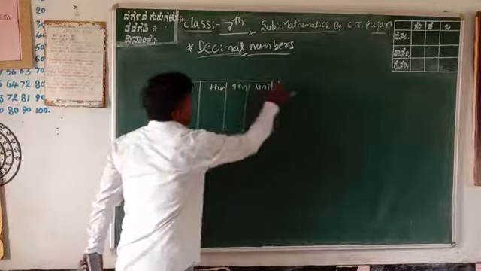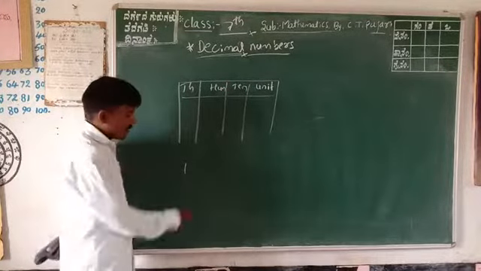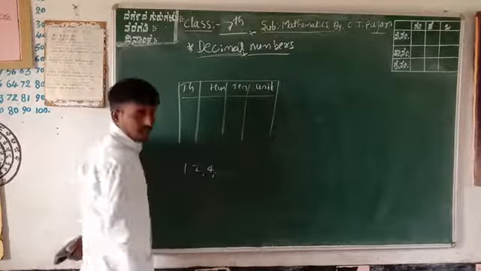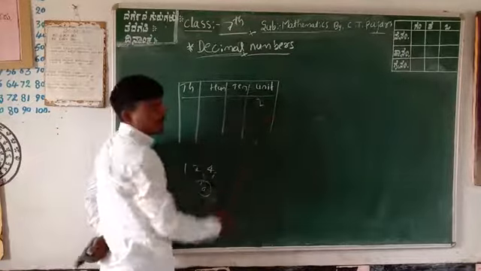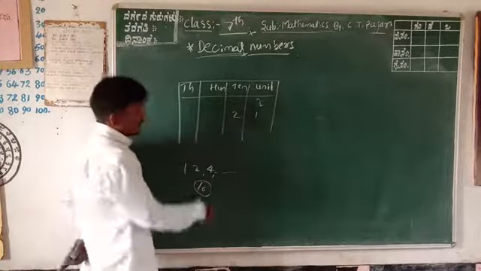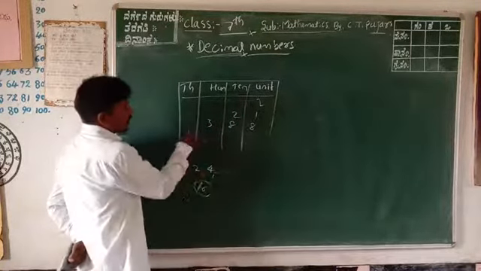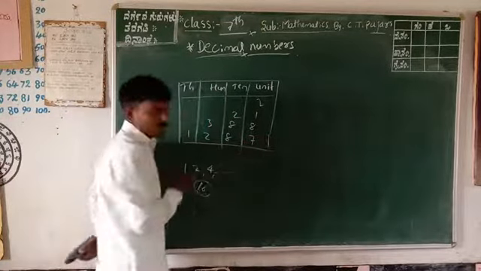Starting with the unit place, or one place, next is the 10 place, then the 100 place, then the 1000 place, as in your number system. These are all whole numbers only. 1 is not a decimal, 2 is not a decimal, 4 is not a decimal, and so on. 10 is not a decimal. 21 is not a decimal. 380 is also not a decimal. 1287 is also not a decimal number.